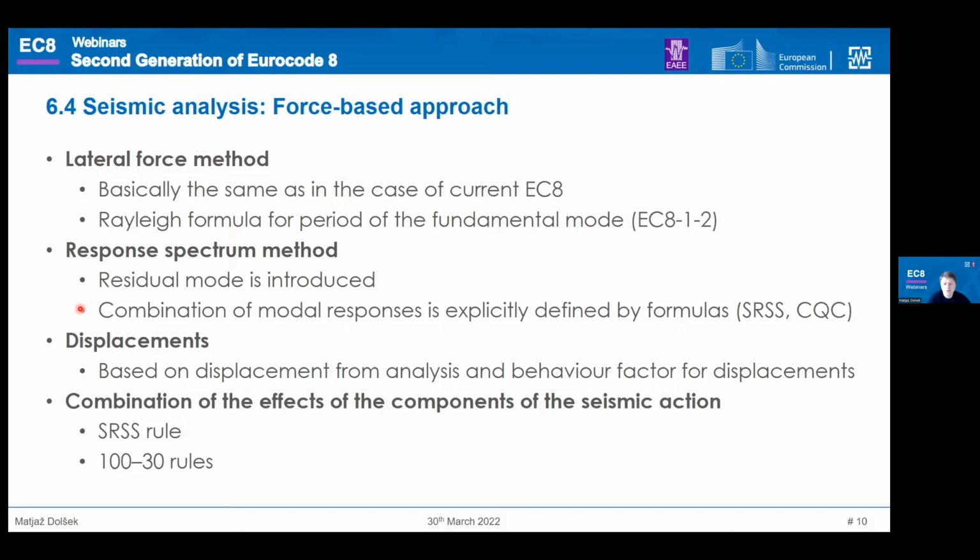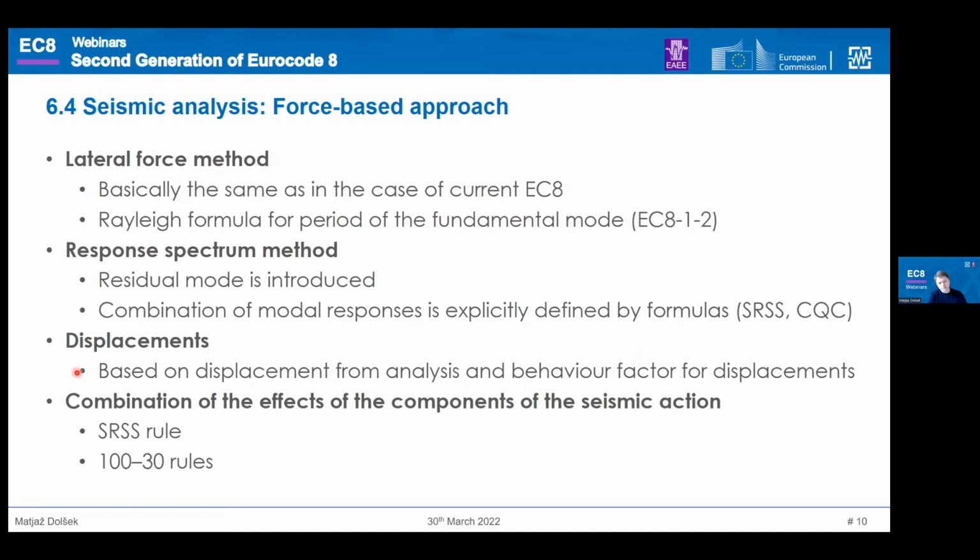It's also explained when the SRSS combination rule should be used and when the CQC. So this is new, but I think this part is not so important because nowadays the software supports it, and you can always probably use CQC, which is more precise in the combination of modal responses.